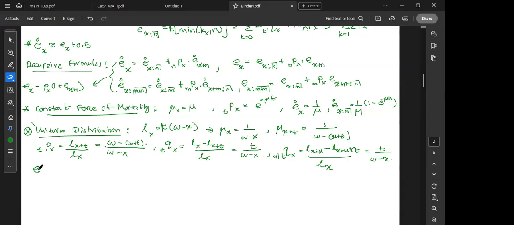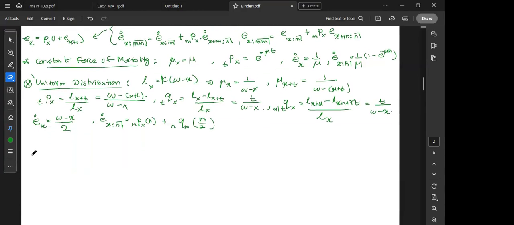And the complete expectation is just the expectation of a uniform distribution, which is the difference of the 2 end points divided by 2. For the temporary expectation for n years, it's surviving to n, and at that point it is n, and death occurs during the next n years, and the weight for that one is over 2. So that is how we can modify these probabilities under the uniform distribution.